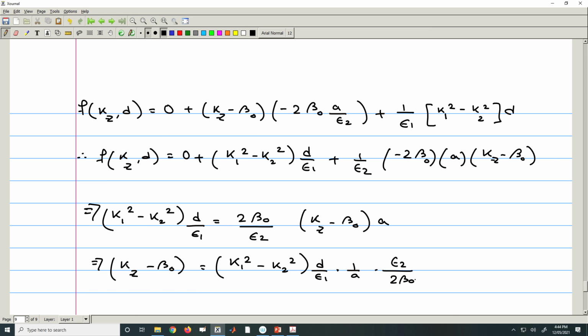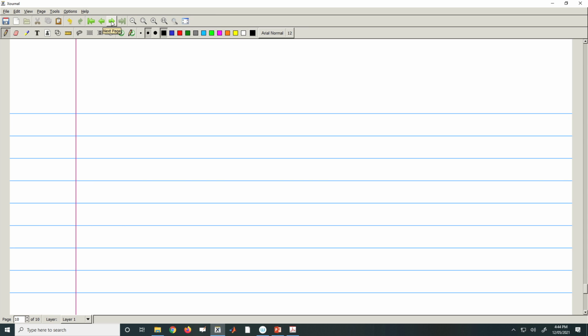From here we will get kz as beta naught plus epsilon 2 upon epsilon 1 times (k1 square minus k2 square) upon 2 beta naught times d by a.